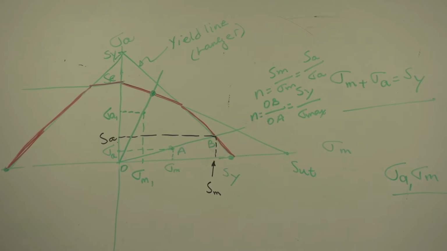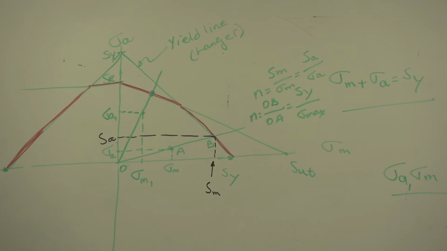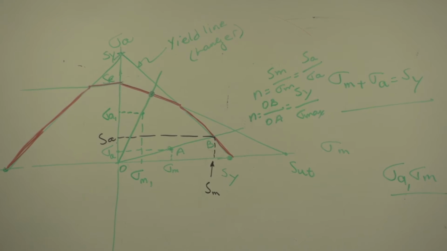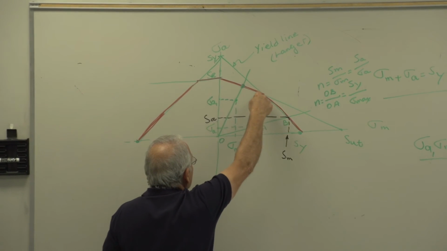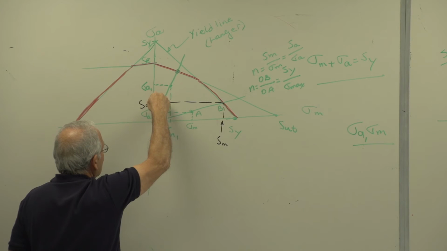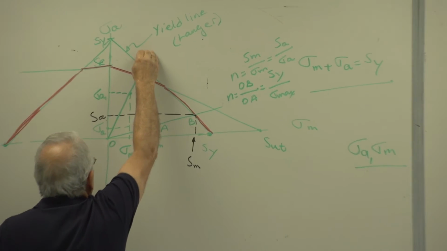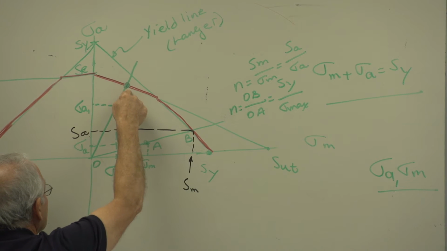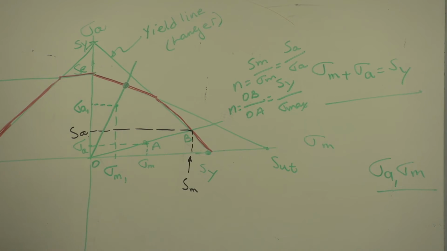Failure is by fatigue, lack of infinite life. Remember, this is the Goodman line. Your point plots here, we have safety. Plots out, we have lack of infinite life. So if I increase these values until these two cross, then that's what I have.